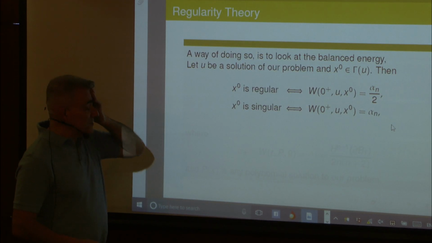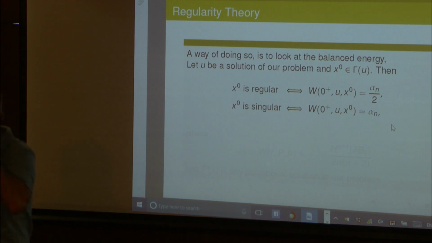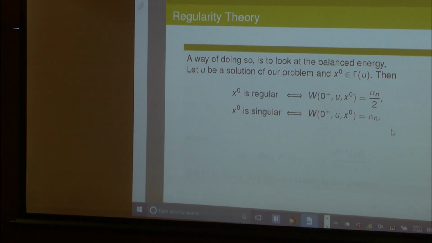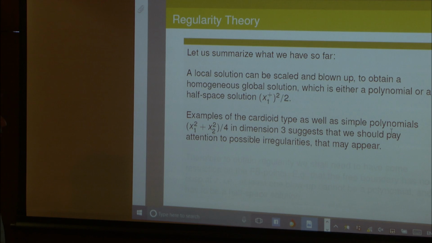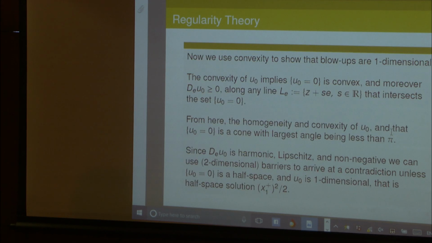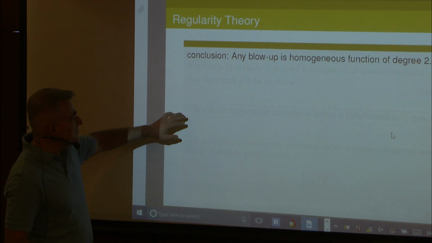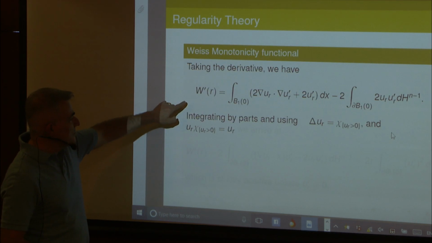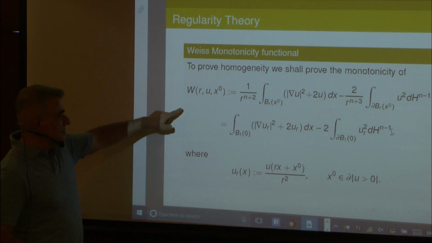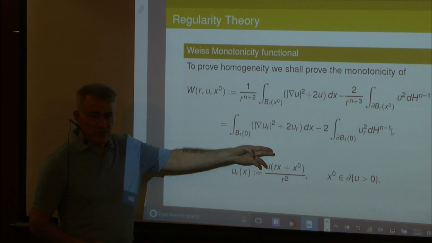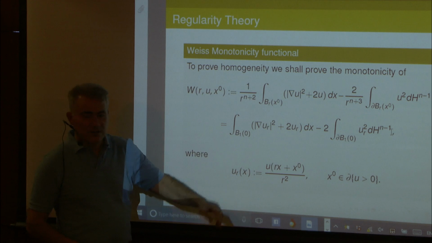So if you compute this, W here is the Weiss energy we had from the beginning, from yesterday, if you remember that. So let me go back to it so you can see. So the Weiss energy is this guy. It is easier to look at the scaled version.